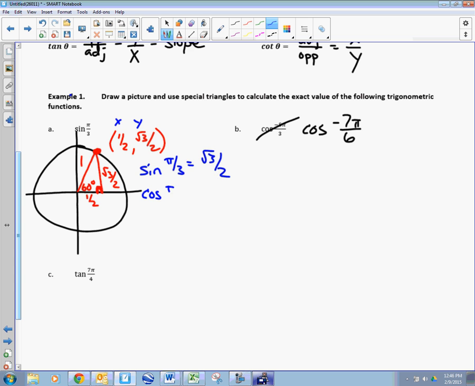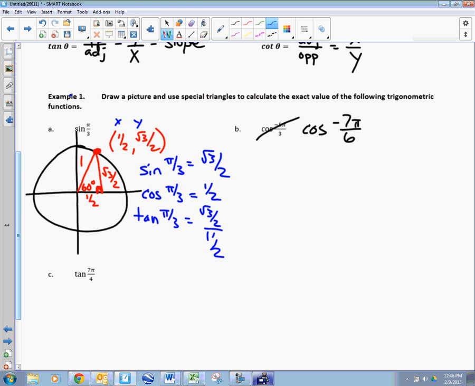So cosine of pi over 3, what would that be? 1/2. How do I get tangent? I take the y value and divide it by the x value. So square root of 3 over 2 divided by 1/2.